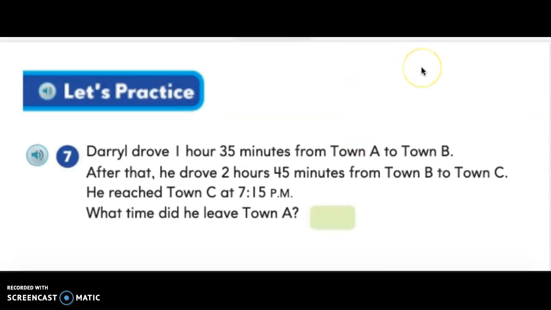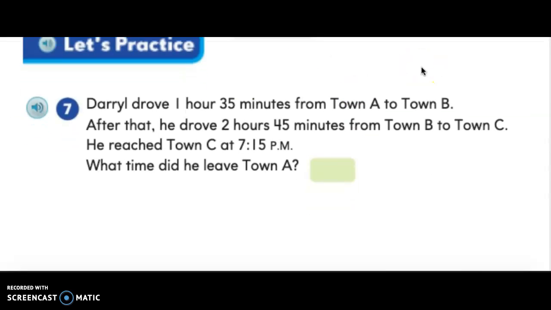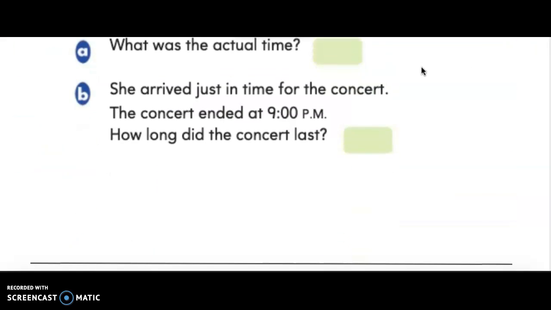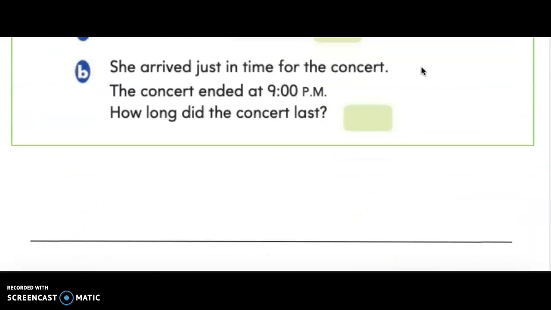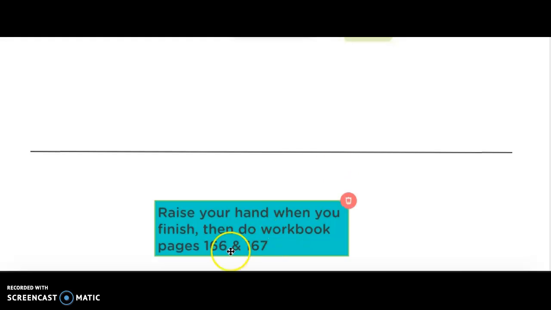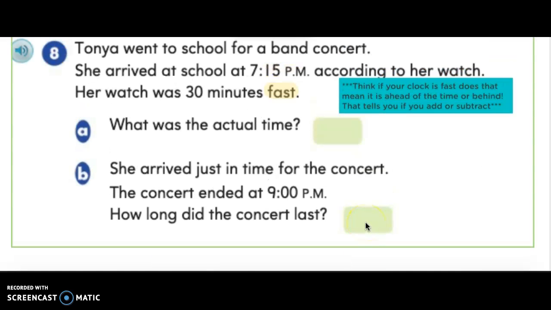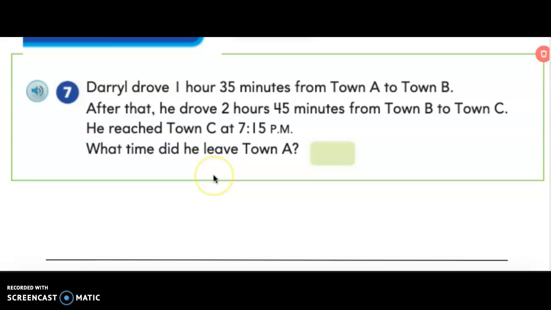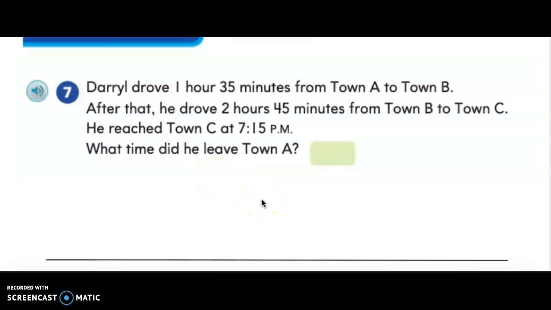So this is your final let's practice of the chapter. So you have these two problems, and then you are doing workbook pages 166 and 167. So for number 7, Daryl drove 1 hour 35 minutes from town A to town B. After that, he drove 2 hours 45 minutes from town B to town C. He reached town C at 7:15 p.m. What time did he leave town A?